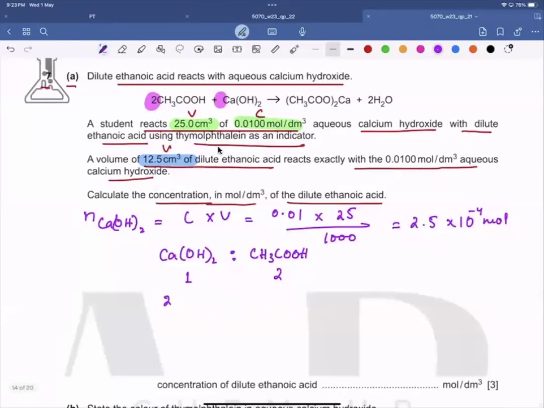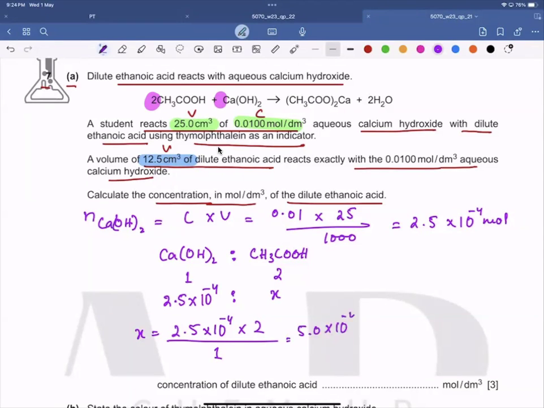So the moles of calcium hydroxide that we have is 2.5 × 10^-4. The moles of ethanoic acid would be x. So if we calculate x, it is going to be 2.5 × 10^-4 multiplied by 2 divided by 1. So it's 5.0 × 10^-4, right?